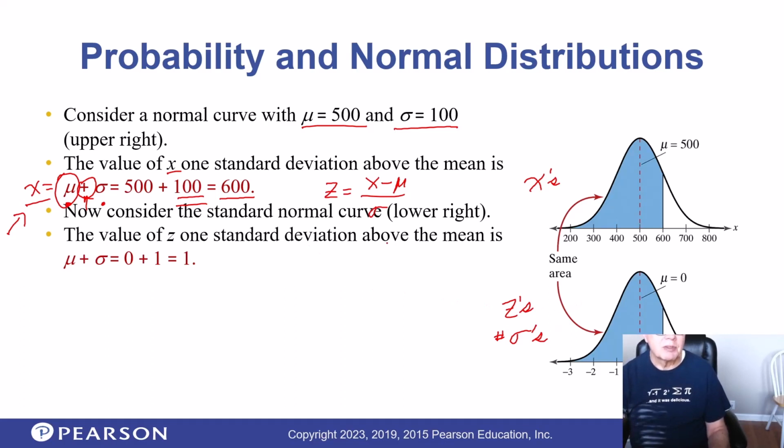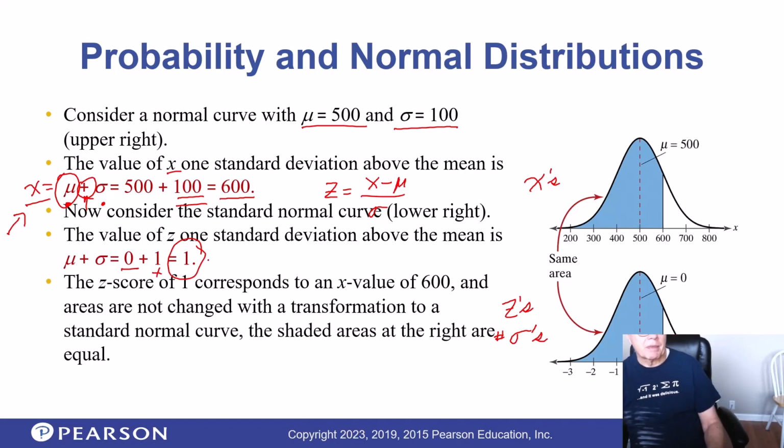So 1 standard deviation above the mean, you just take the mean, add 1, and there you go. That's your Z score or Z value. Now, a Z score of 1 corresponds to an X value of 100 because it's 1 Z or 1 standard deviation, and it's a plus, so you add it to the 0.